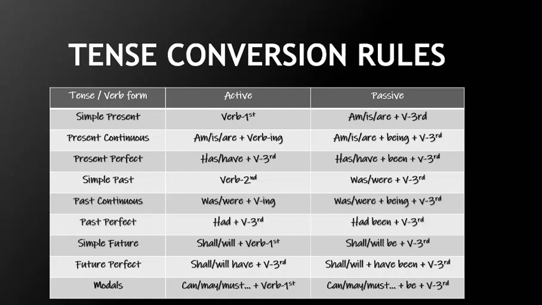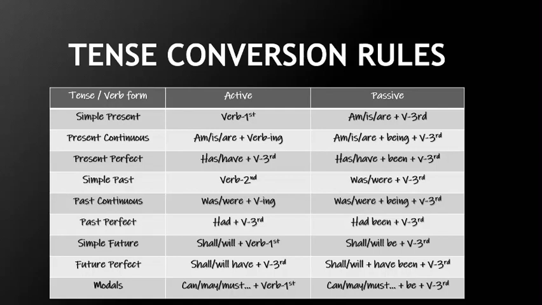But when we use the same verb in a passive manner, we add the be verbs: am for first person singular number, is for third person singular number, and are for anything and everything else, along with the third form of the main verb. When you are using present continuous tense, then obviously you know the formula: subject plus am, is, are plus verb-ing.